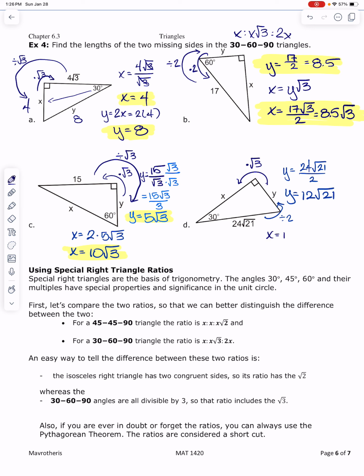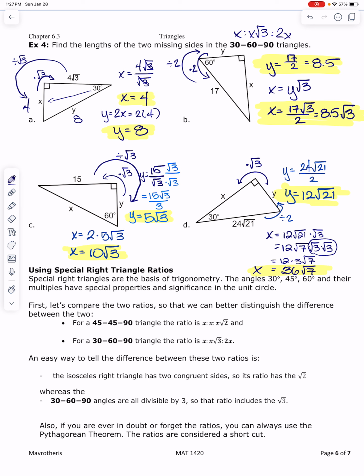So x is 12 times the square root of 21 times the square root of 3. I know that I can rewrite square root of 21 as square root of 7 times the square root of 3. Square root of 3 times square root of 3 gives me another 3. And we get x equals 36 square roots of 7. There's my long leg. There's my short leg. We are all good.